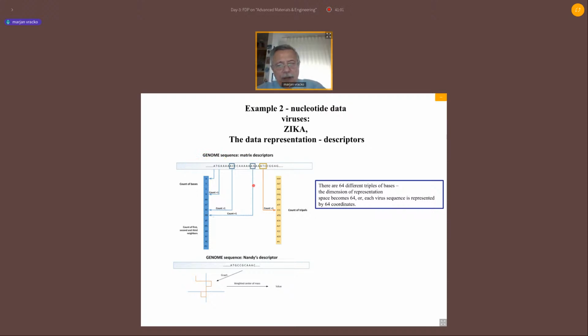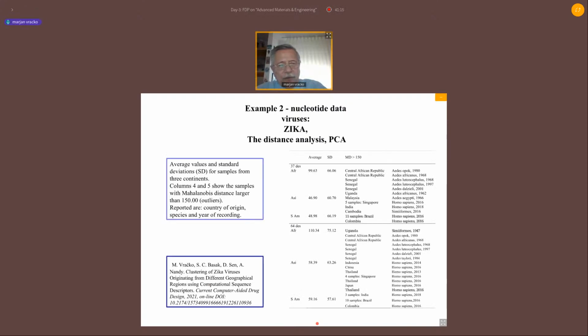So we mapped our genomes in a 64-dimensional space, and we performed PCA, Kohonen network and distance analysis of this space. This is the first example. Now we calculated Mahalanobis distances.